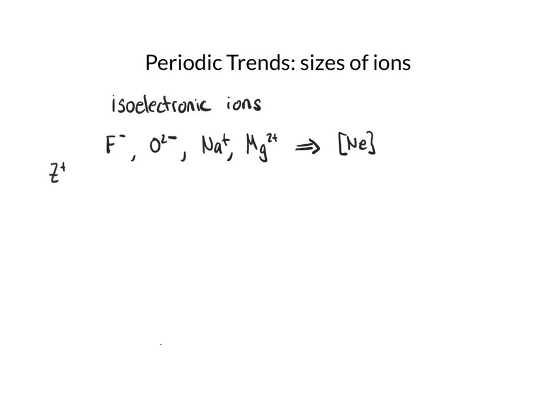So for fluorine, we have a charge of 9. For oxygen, we have a charge of 8. For sodium, we have a charge of 11. And for magnesium, we have a charge of 12. So that means that these 10 electrons, they all have 10 electrons, in each one of these ions are going to get pulled towards the nucleus, but the larger the charge on the nucleus, the stronger that pull is going to be.